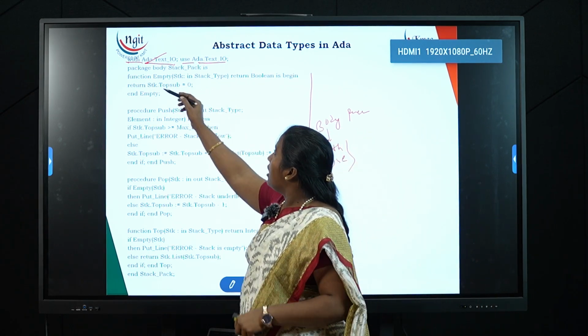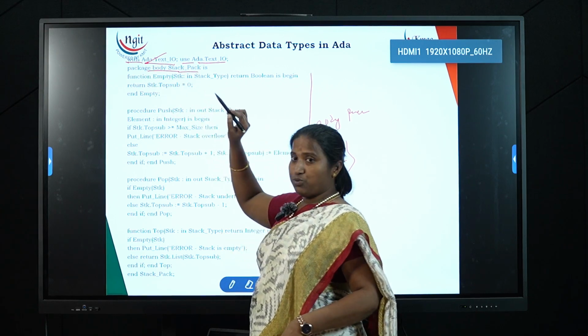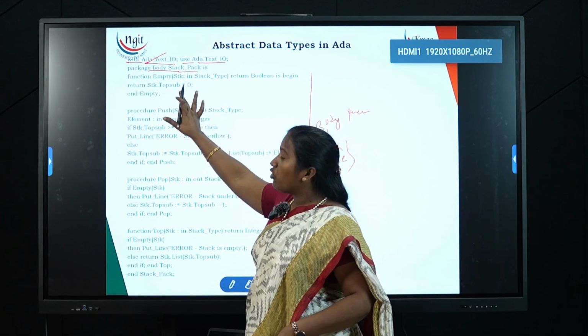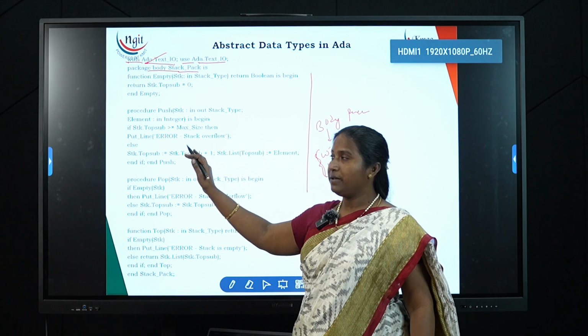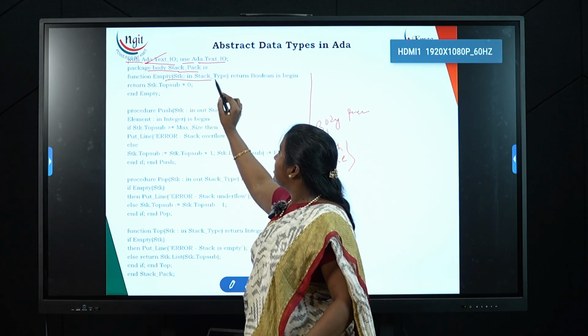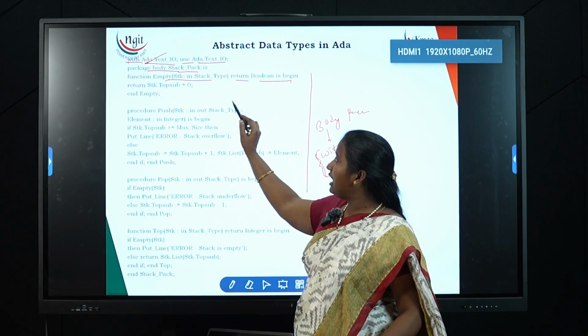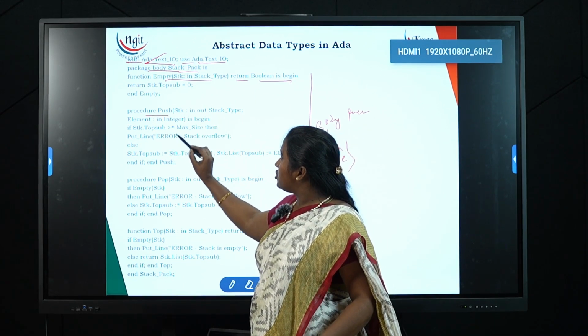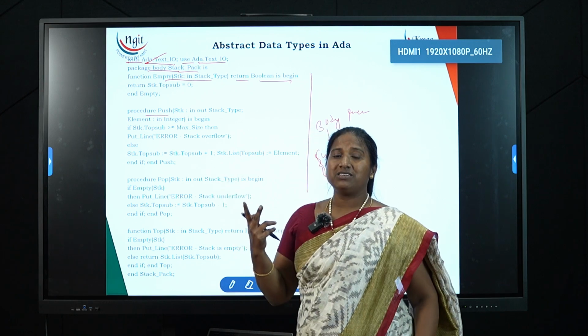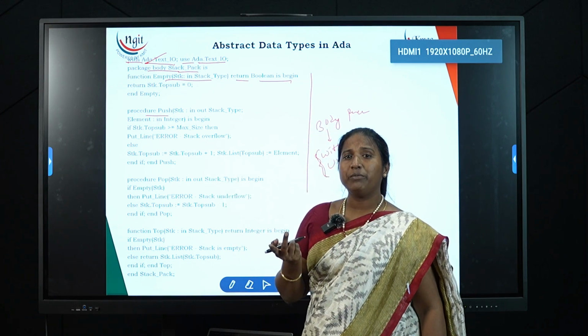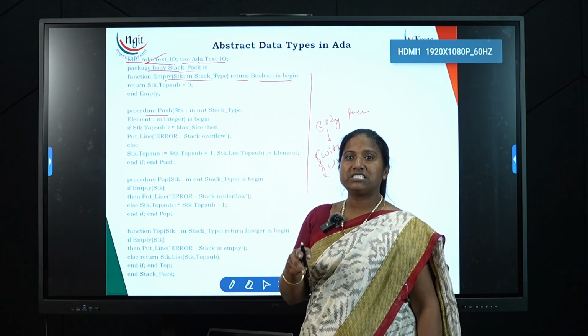Now we'll move here. Package body stack pack is what? This part is going to have the implementation. Fine. Function empty, stack in stack type, return it as boolean. So that's what returns a value. And procedure push has two conditions. When do we generally push an element into the stack? When the stack is empty.